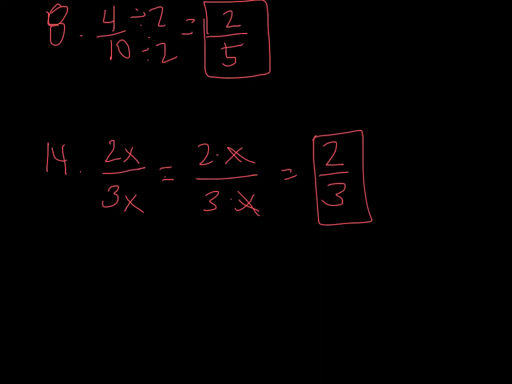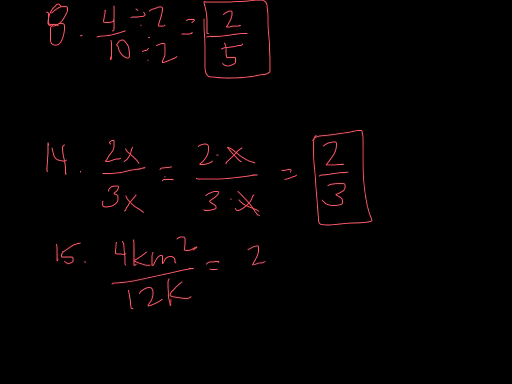I'm going to do 15, because 15 looks a little bit more tricky than most of them, okay? So let's do 15. I know you don't have to do it for your homework, but it is a good little review. So I have 4km squared over 12k. Okay, so I have to remember, I have to prime factorize the numbers.